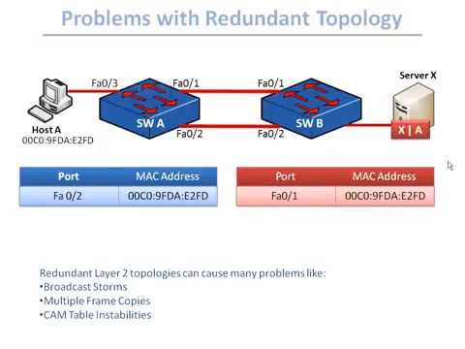And that is what actually happens if server X sends some packets to host A. When the packet is received by switch B, it will take a look at the MAC address table, and it will see that in order to reach this MAC address, or eventually host A, it needs to send the packets through F01.